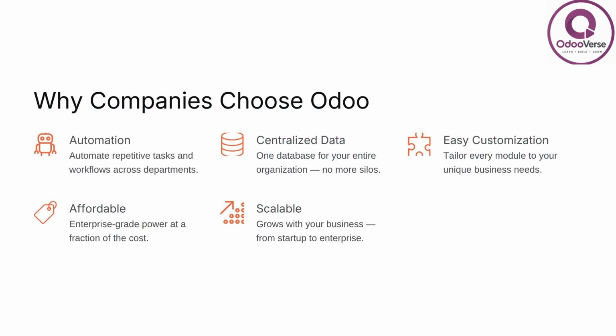Businesses can easily modify modules according to their specific requirements. Odoo is also affordable compared to many other enterprise ERP systems. And finally, Odoo is scalable. Whether it's a startup or a large enterprise, Odoo can grow along with the business. That's why many companies around the world are adopting Odoo.